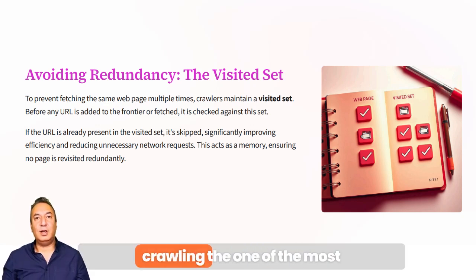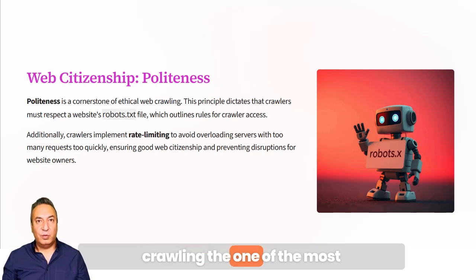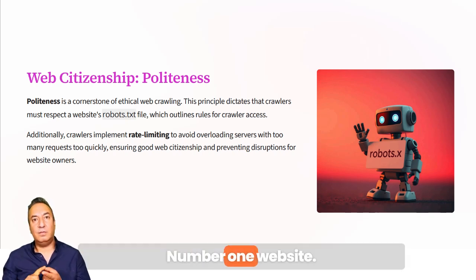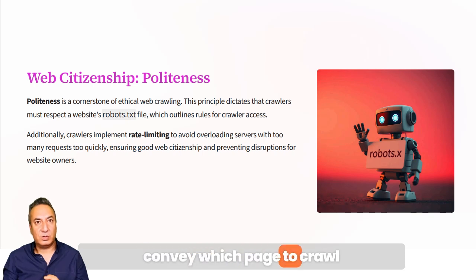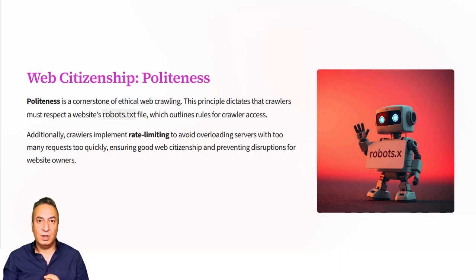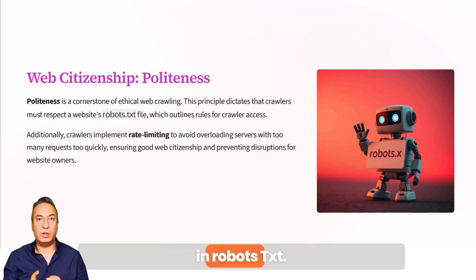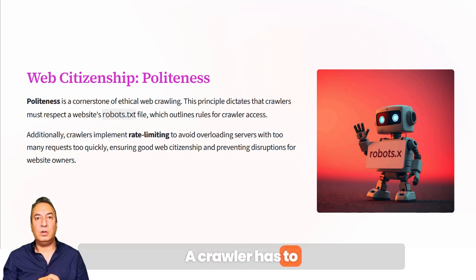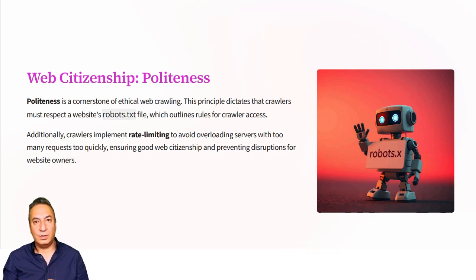Now, when we are crawling, one of the most important things we have to understand is politeness. Number one, most websites have a set of rules where they convey which pages to crawl and which pages not to crawl. These rules are given in robots.txt. A crawler has to respect robots.txt.